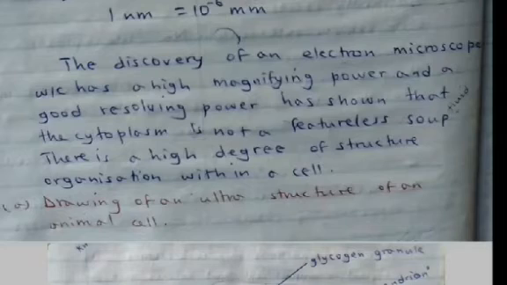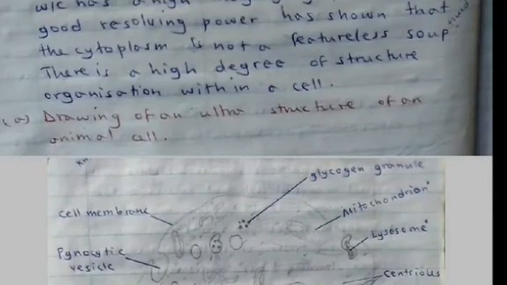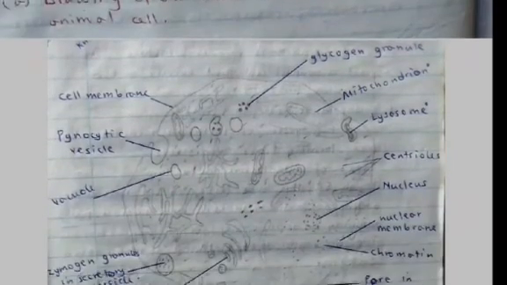But when the electron microscope was later discovered and they carried out experiments on a cell, they found that within the cytoplasm there are very many parts hidden inside. So right now we are going to check the drawings of the ultrastructure of an animal cell and a plant cell, and we are starting with the animal cell.